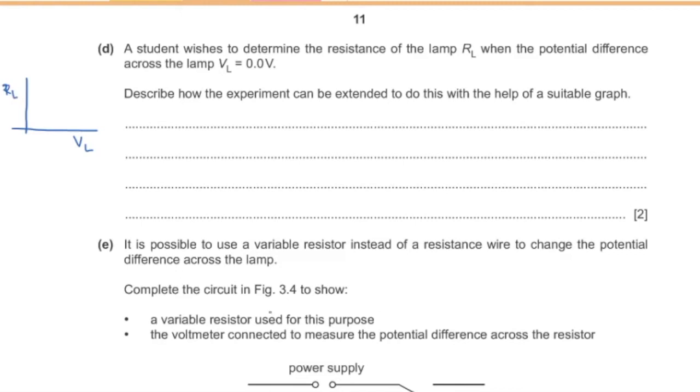By obtaining more values, like maybe 3 or 4 values of VL, that's the voltage across the lamp, and then extend our line of graph to the resistance axis, because that's the axis you would like to read. So when you extend your line and it intersects with the y-axis, you will know what the resistance is when the voltage across the lamp is 0.0 volts.